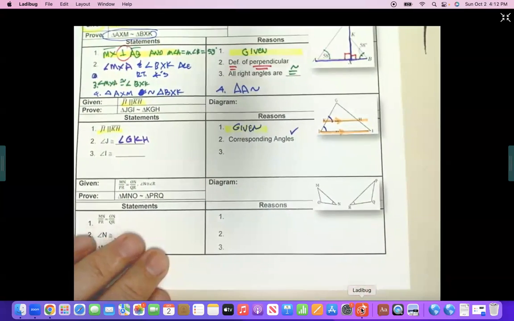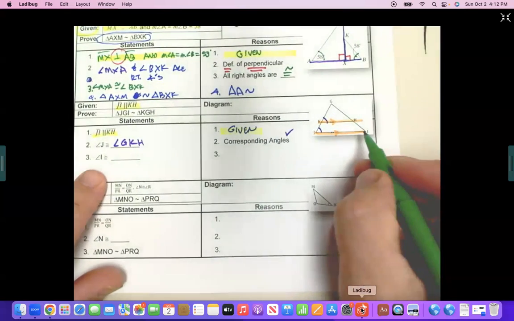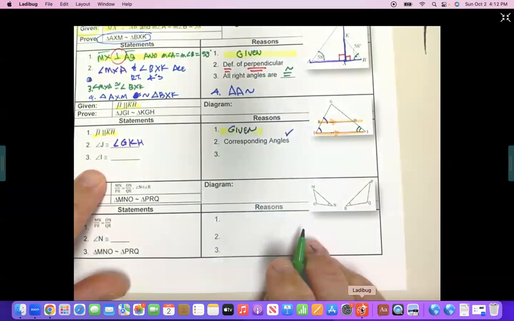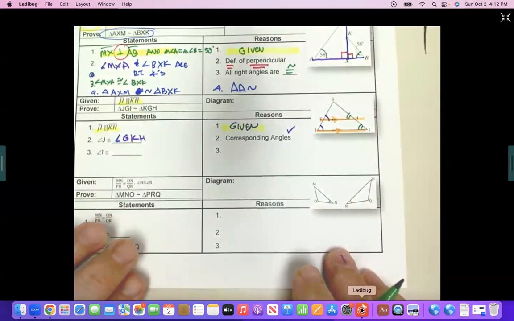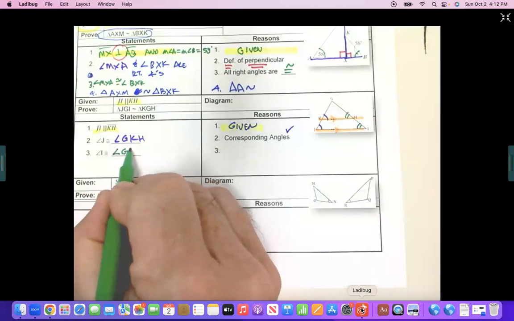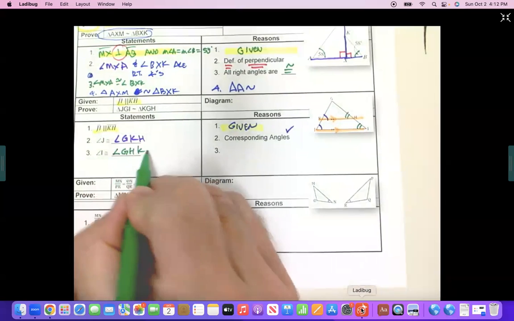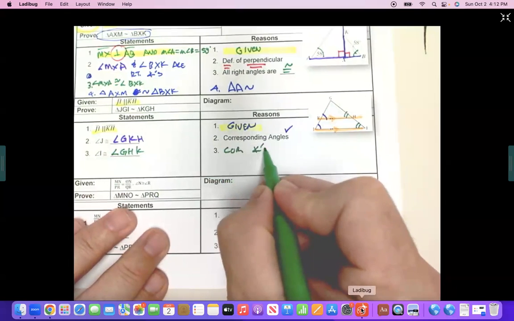And next, it makes the statement, or at least starts the statement, that angle I is congruent to. An easy observation would show us that this is congruent to angle GHK, because those are also corresponding angles.